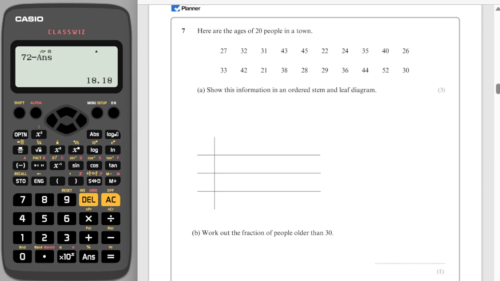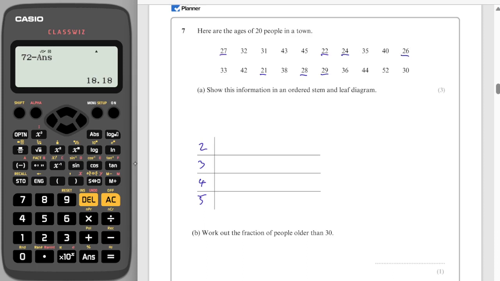So my smallest value then is in the 20s and my largest value is in the 50s. So my stems are going to go 2, 3, 4 and 5. Then if I'm trying to do it this way, I would tend to underline all of my values that start with a 2. So that's all my values.